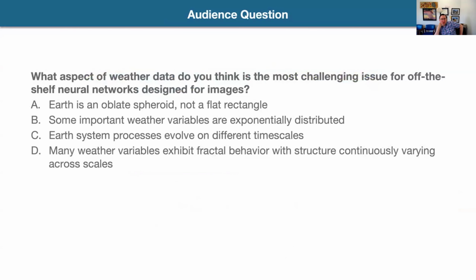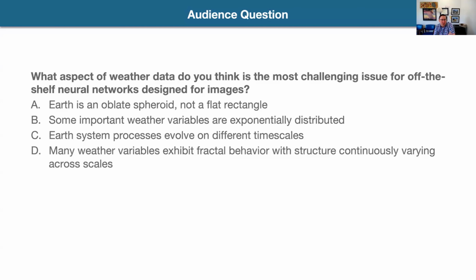So with the introduction to neural networks and images in mind, what aspect of weather data do you think is the most challenging issue for off-the-shelf neural networks designed for images? So if we want to apply, let's say, a UNet to our weather data, which of these could be probably the biggest source of problems for the model?